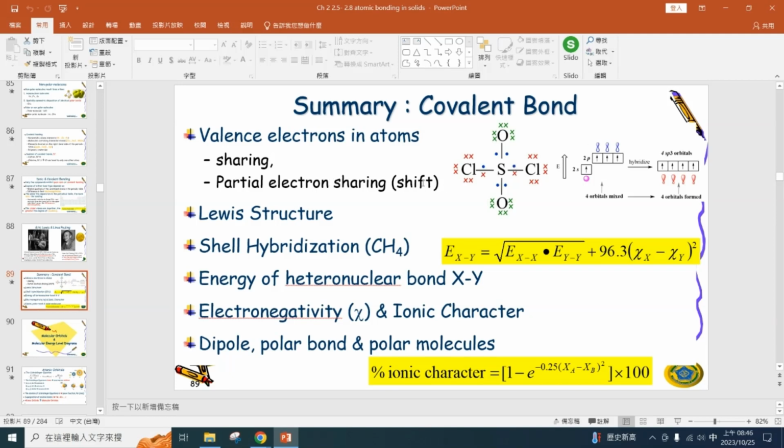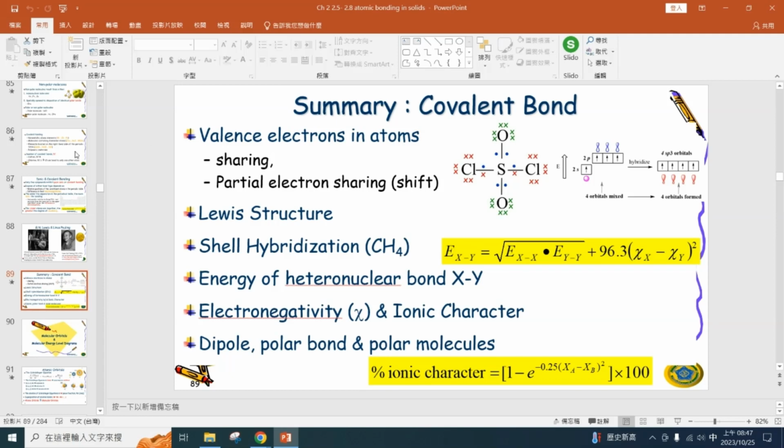As you can see, like sulfur and oxygen, these two atoms bond together and the electrons are shared between them. You need to know the covalent bond is share and shift for the electron structure.